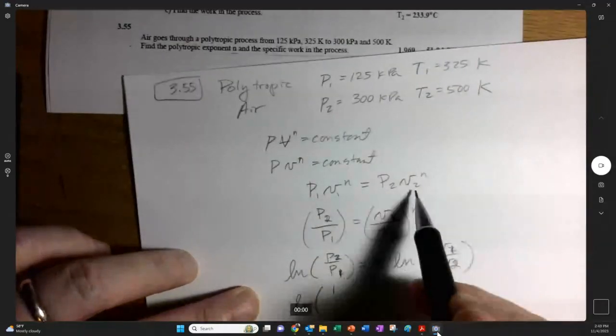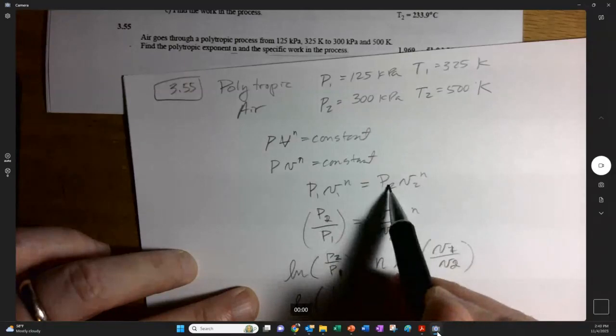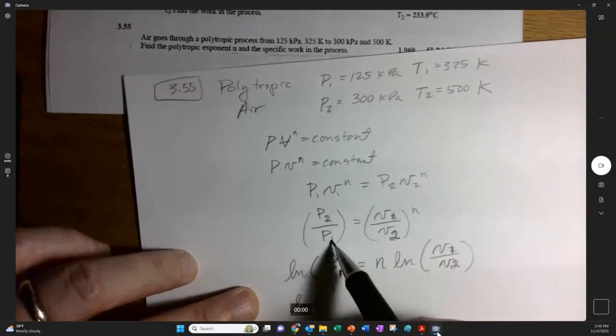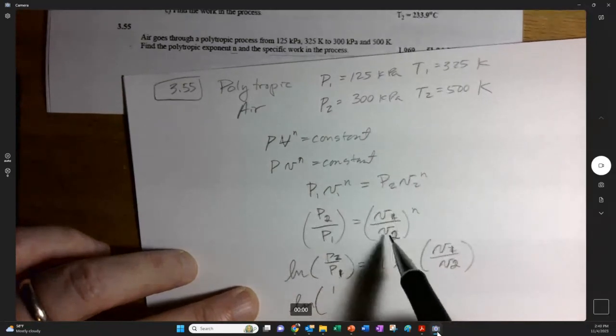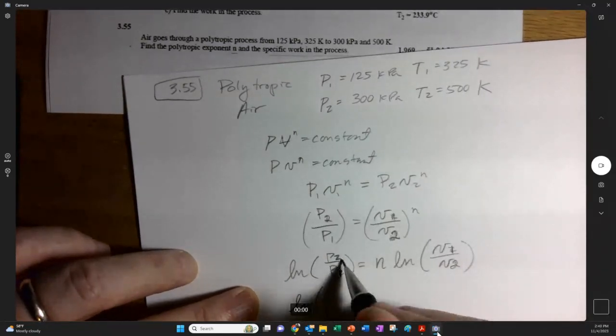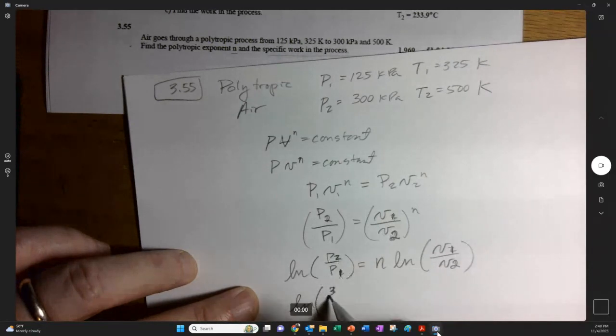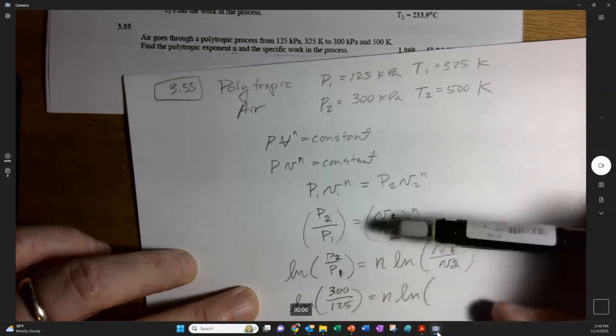So 2's on the top, so 2 should be on the bottom there. Yes, okay. Brain, not working. So 2 on the top, so that's 300 over 125 equals n natural log of, wait a minute.